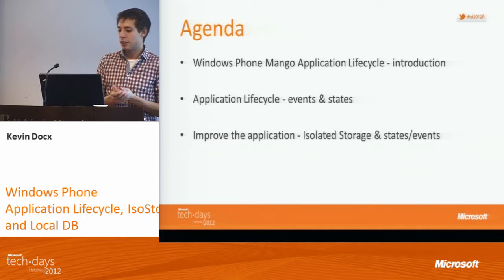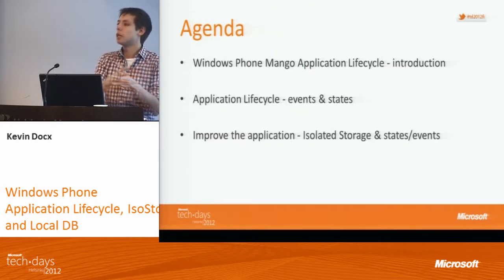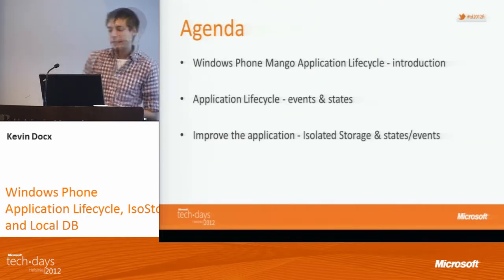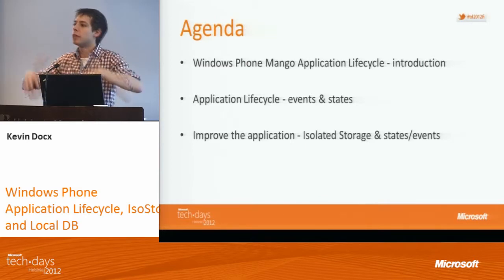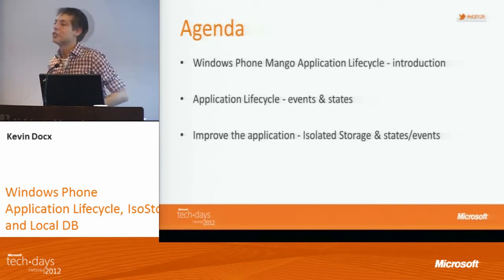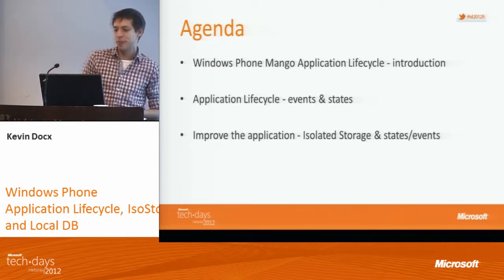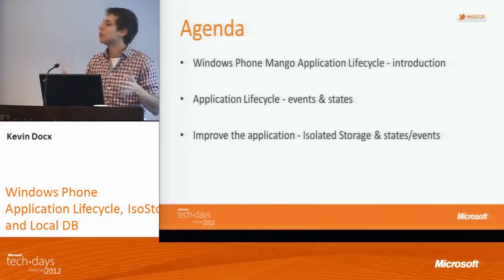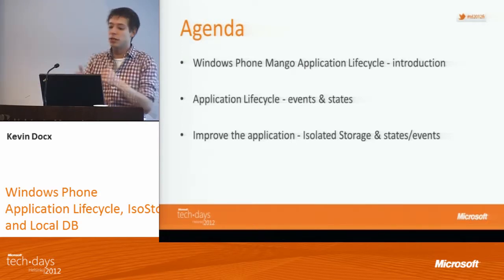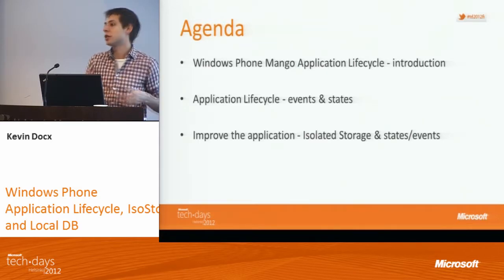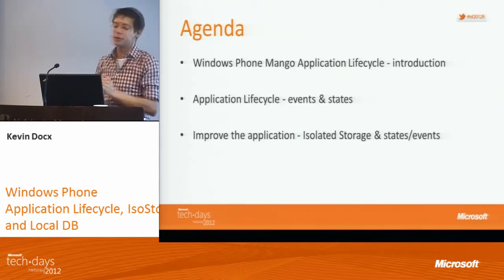After that, we're going to build a small application throughout this session that will get better and better in each demo, or at least I hope, by taking all the states and events from the application lifecycle into account one by one. So we're going to start by having an application which is actually quite bad because it doesn't do anything with the application lifecycle, and one by one we're going to try and make it better.